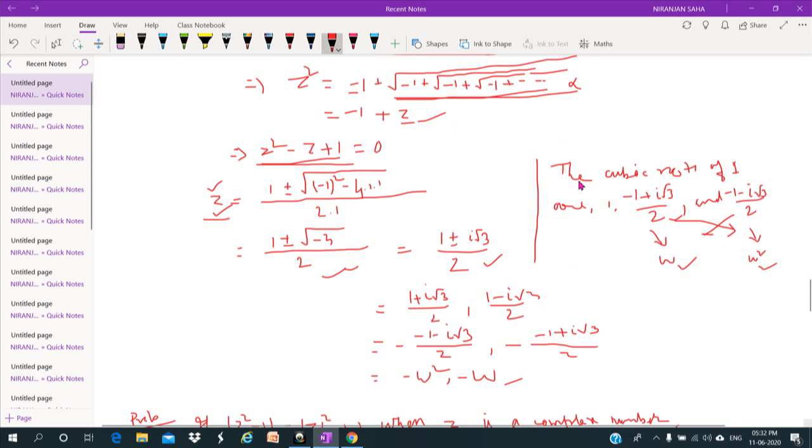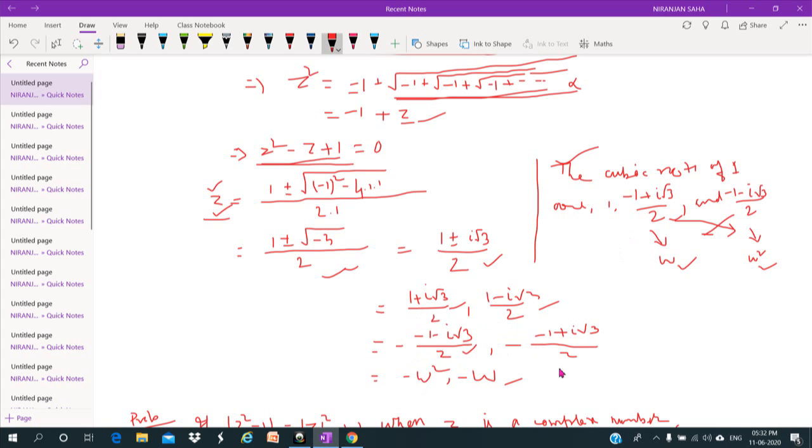So you can remember also here that the cube roots of 1 are 1, minus 1 plus i root 3 by 2 and minus 1 minus i root 3 by 2. So if you take any one as omega, then the other will be omega square. So here the forms of the roots are similar to this. You have to take the negative for both the roots, then you will get the cube roots of 1.